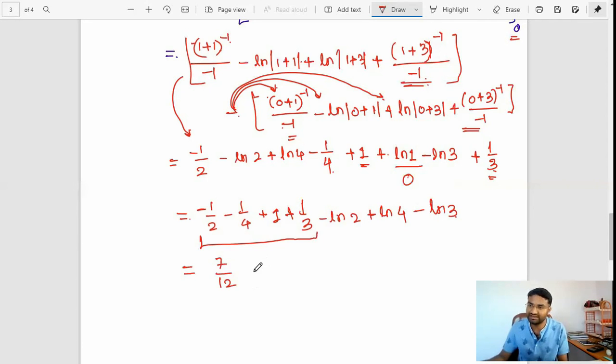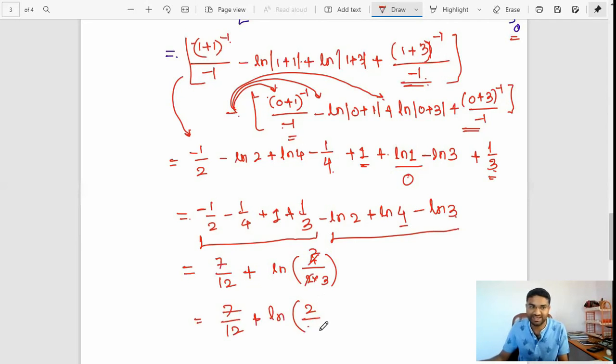Fine. And for this one, you have ln of, wherever there is a negative sign, take it at the denominator place, 2 times 3. Wherever there is a negative sign, take it at the denominator, and positive sign, take it at the numerator. Okay, so here 2 times 2 is 4, so 7 by 12 plus ln of 2 over 3, and that is what you have to do here.